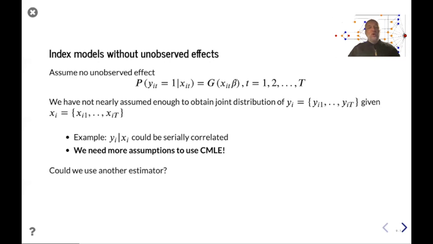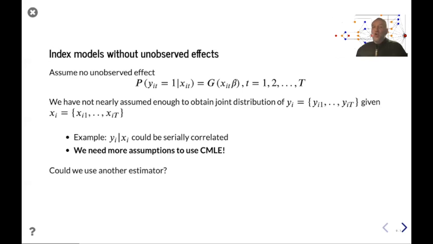But now we are not assuming independence across the different time periods. So we have not assumed enough to model the entire joint distribution of our cross-sectional unit, which is now not only xit, but xi1 all the way up to xiT, and yi1 all the way up to yiT. A subscript i here implicitly means the entire sequence of observations across time periods.